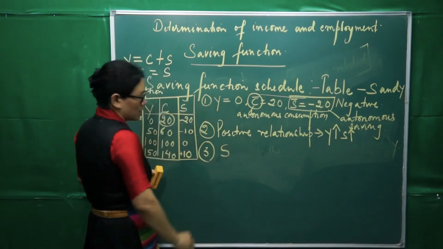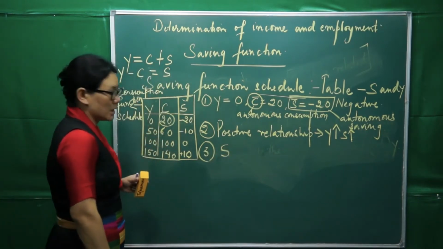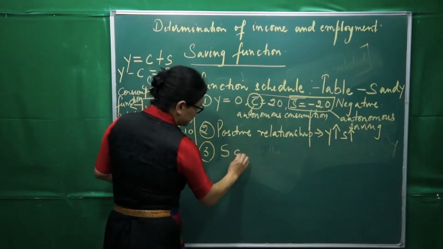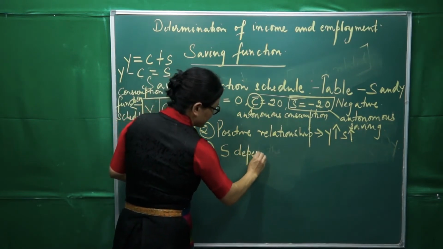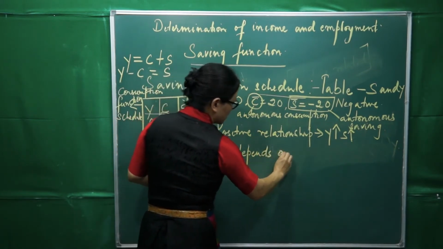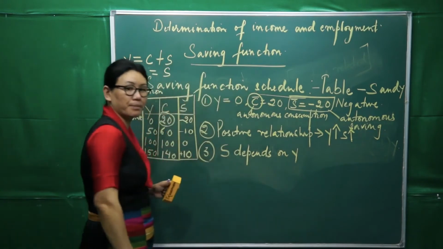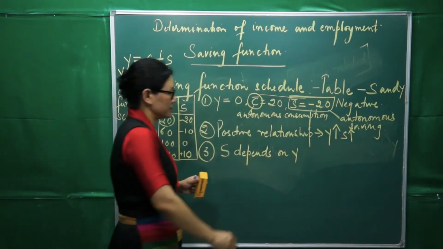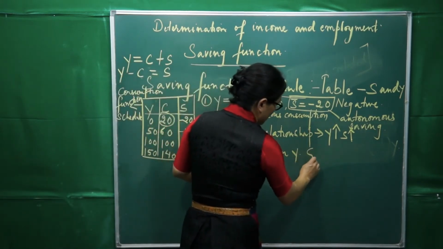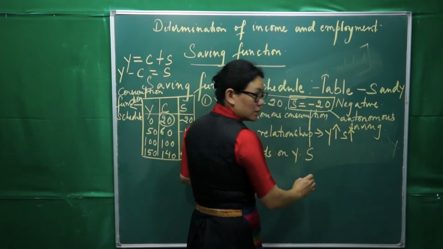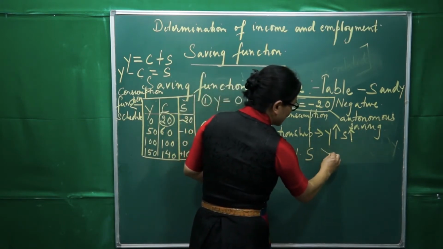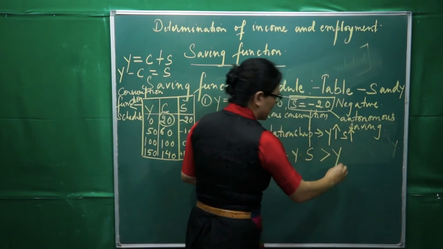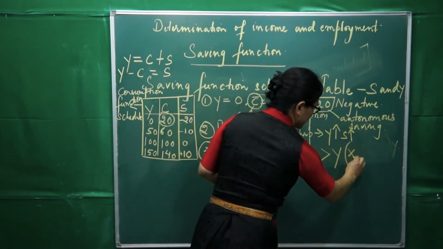Third one is saving depends on income. Saving will never be greater than income. This will not happen.